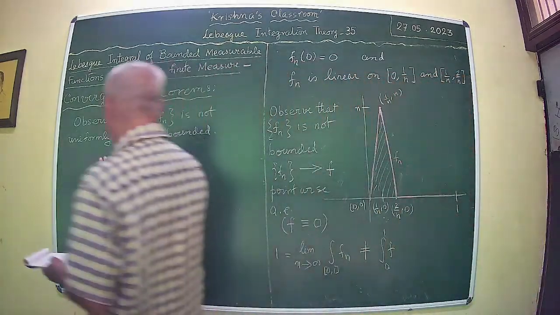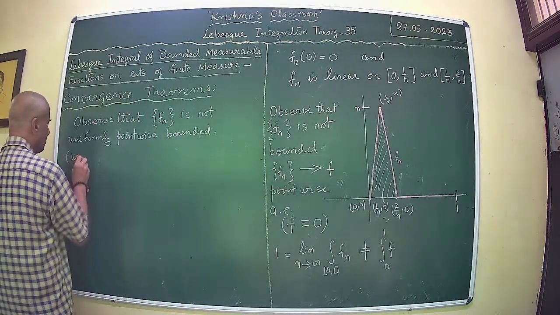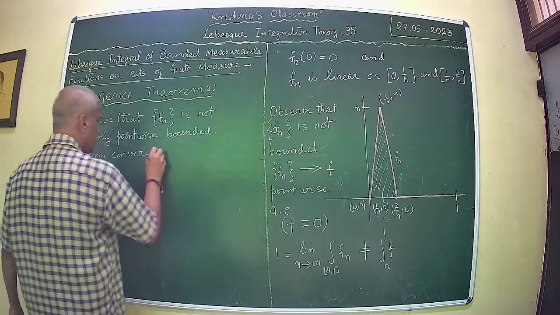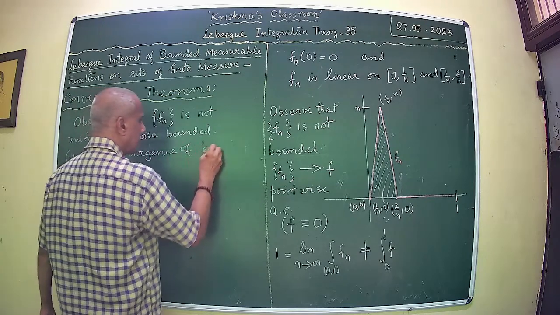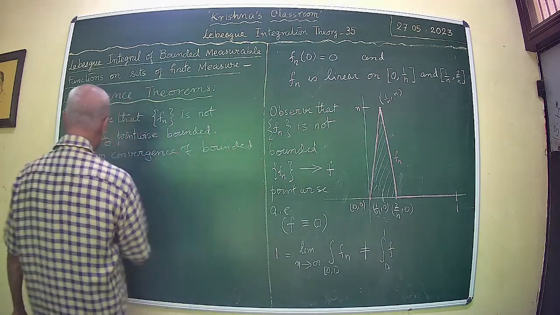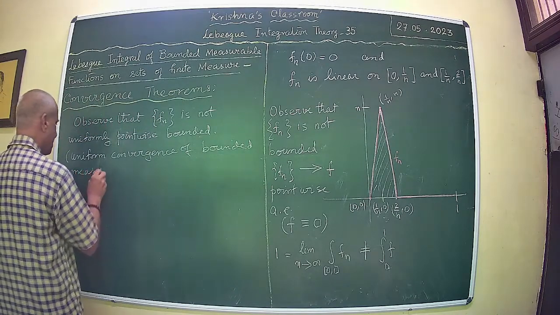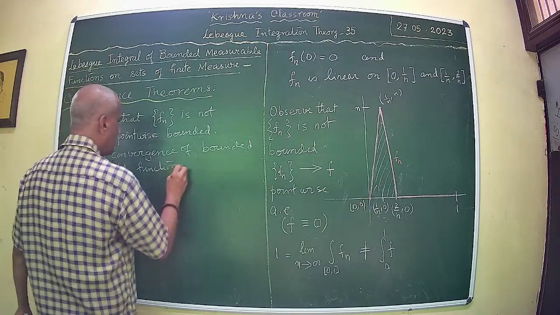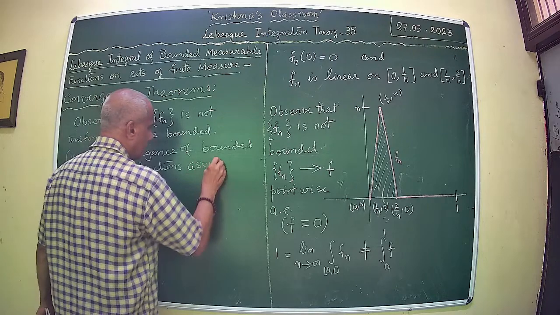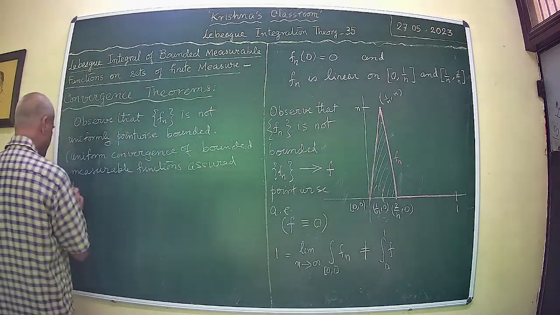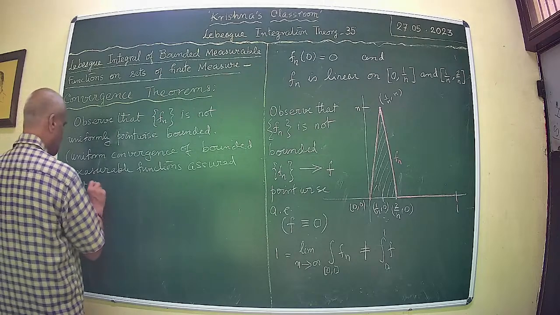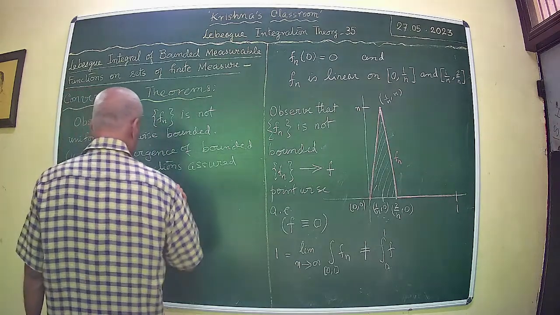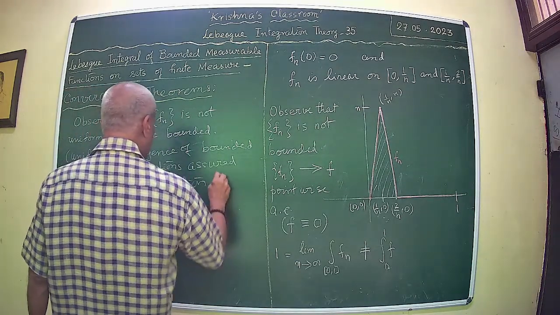Whereas when we assume uniform convergence of bounded measurable functions, it is assured that the limiting function is also bounded.